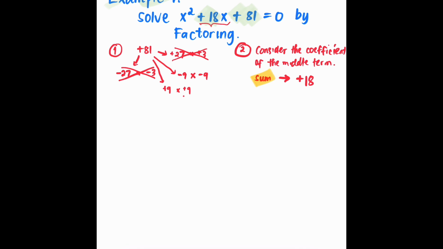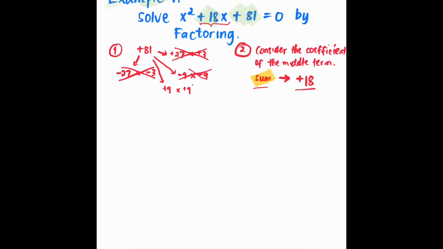So we have two options left here, either this pair or this one. But which of the pairs actually gives us the sum of positive 18? Negative 9 plus negative 9 is negative 18, so this is out.